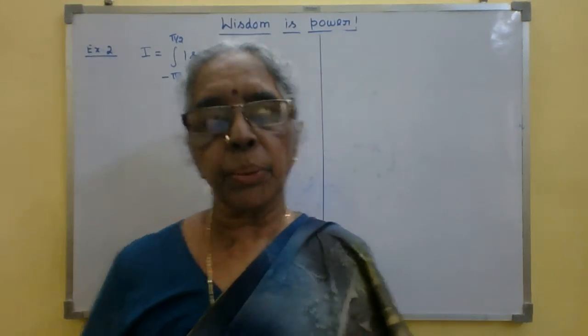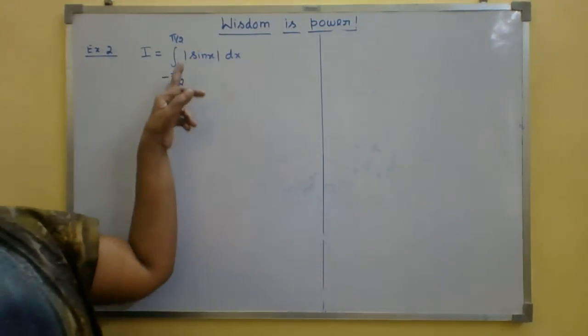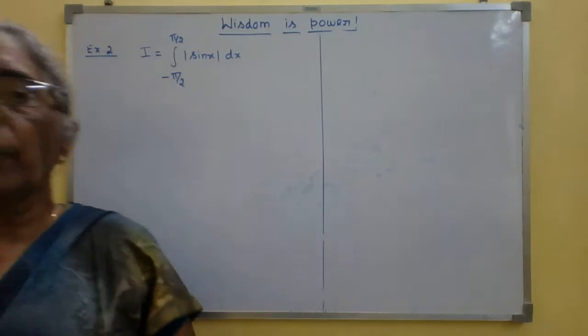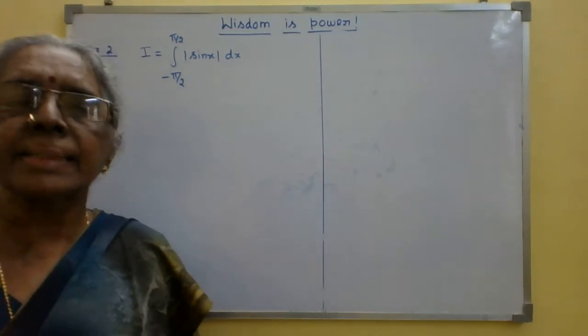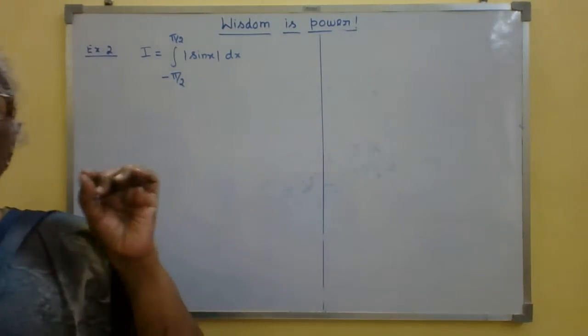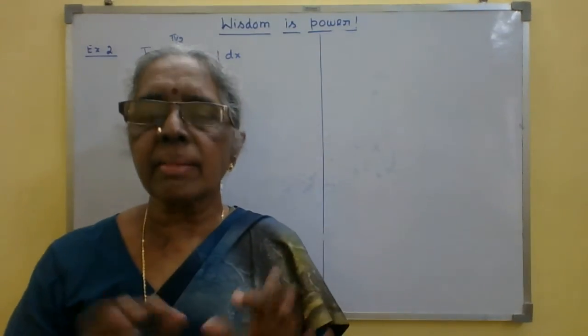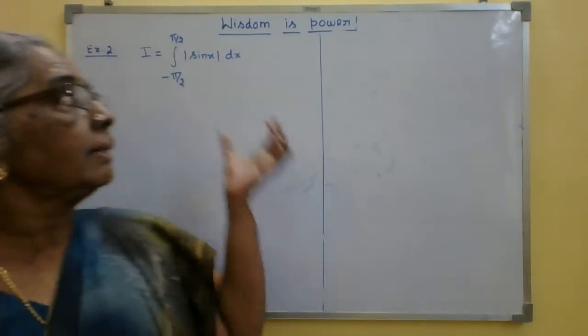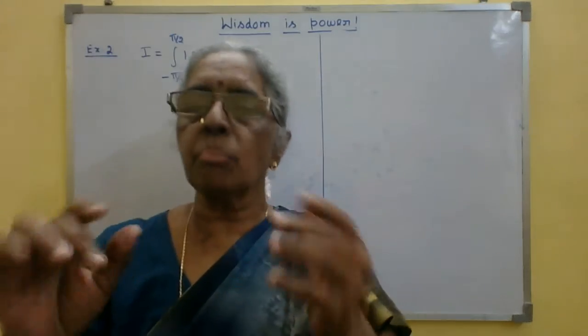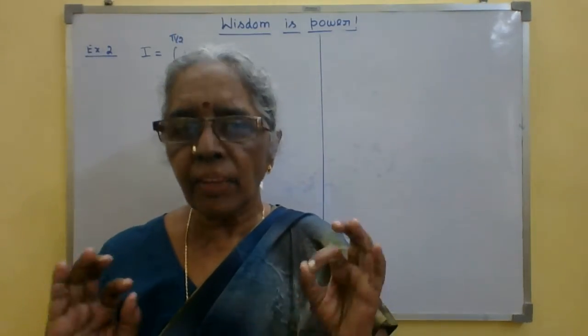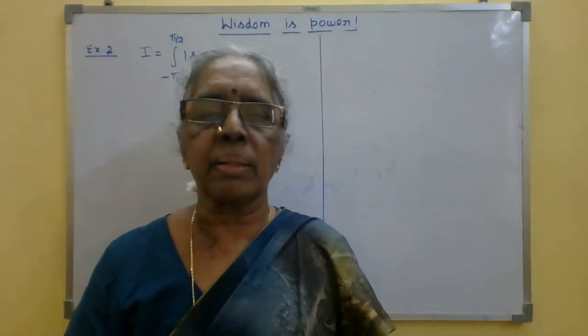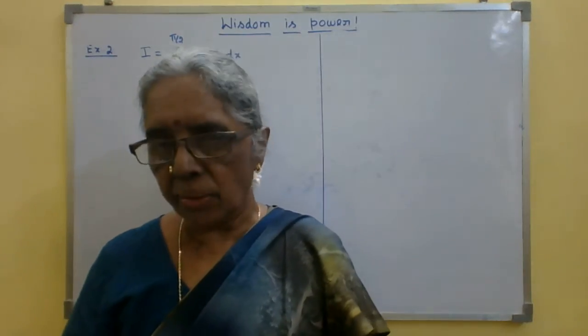Let us see example 2 now. I is equal to integral minus pi by 2 to pi by 2 mod sin x dx. When you have in f of x some modulus function, either straight modulus or even some modulus function inside, definitely you cannot use the property for odd function and even function.